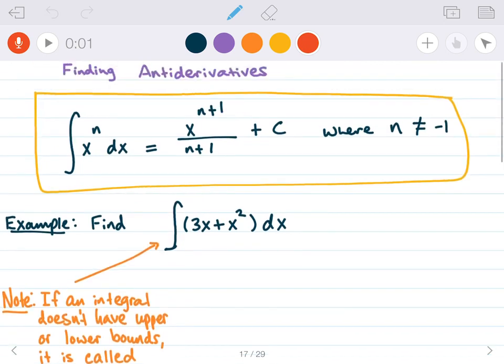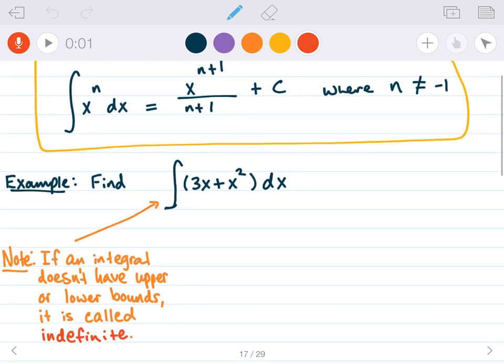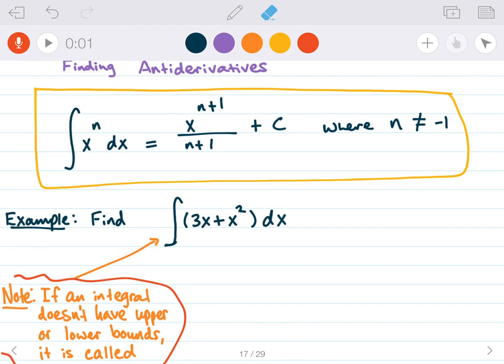All right. So how do we find antiderivatives? Well, there's a shortcut. If we're taking what's called an indefinite integral, meaning that we don't have upper or lower bounds, so we're not integrating across a specific domain, the way that we do it is really similar to the power rule for derivatives.